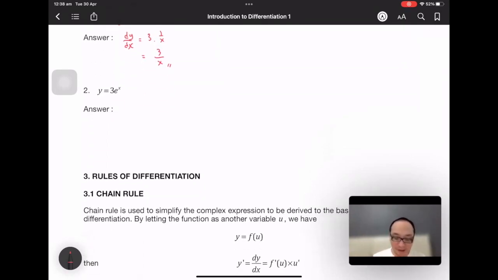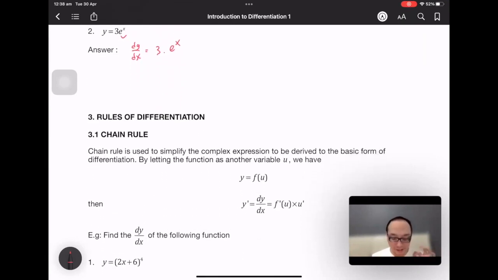Number 2, y equals 3e to the power of x. So dy/dx will be equal to 3 times the derivative of e to the power of x, which is e to the power of x.